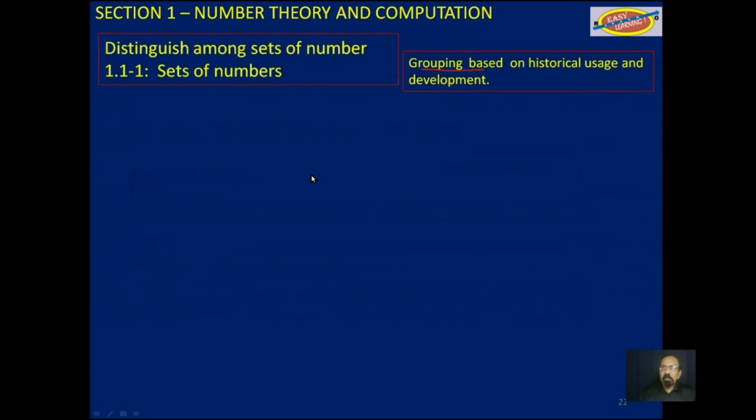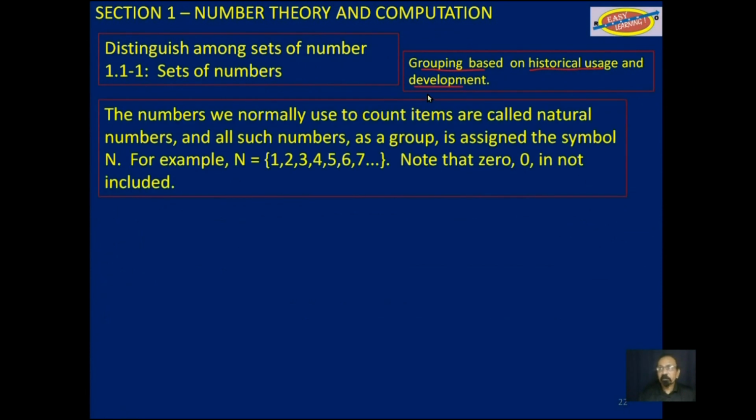If we base numbers on their historical usage and discovery and development, you find that the original set of numbers that people began using were the numbers we use to count items. And these numbers are called natural numbers. They are all assigned the symbol N, and the natural numbers are the counting numbers.